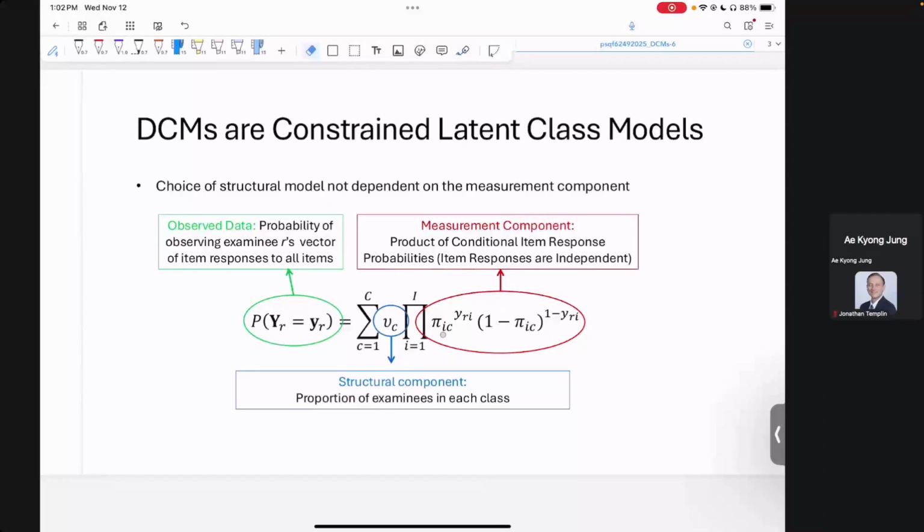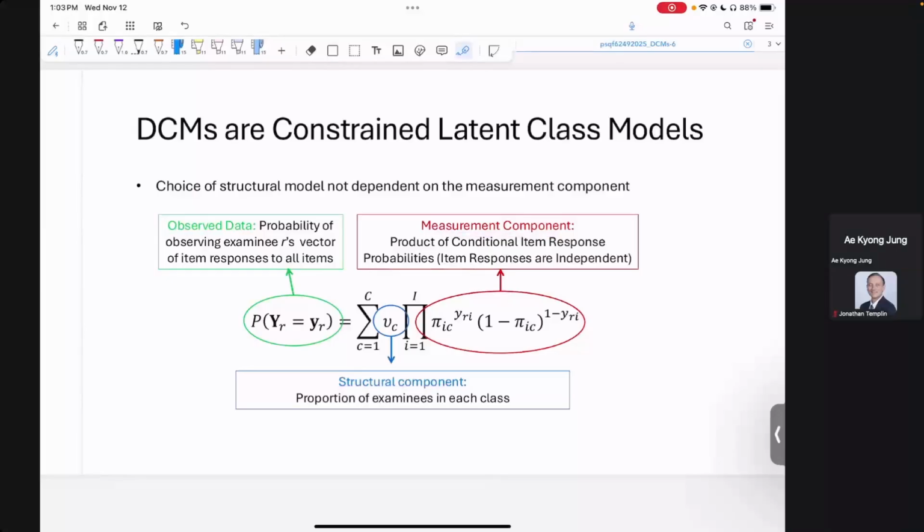So you can see this item also has the notation C. So this probability will be different depending on the class. And the responses on each item are all independent, so we combine them with the product. And also this structure component is independent of the measurement component, so they are connected with product multiplication. So we model the observed data with the structural component and the measurement component.